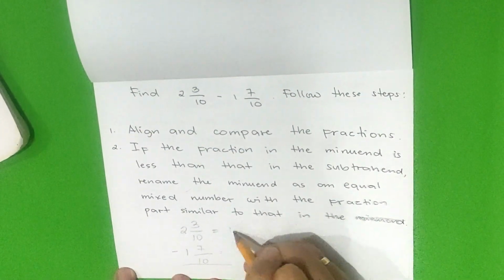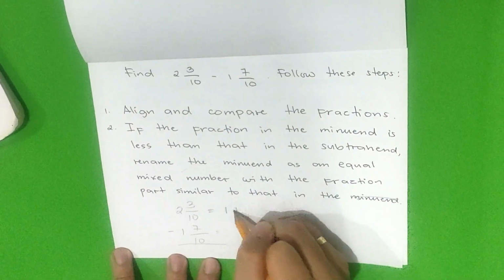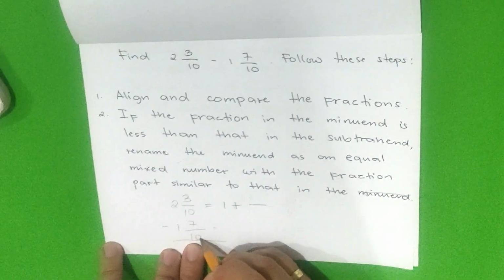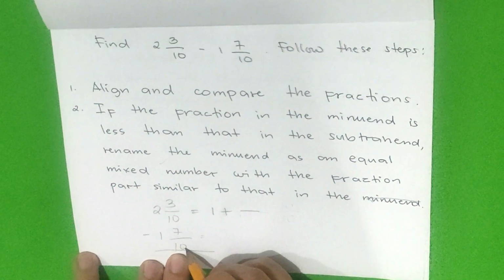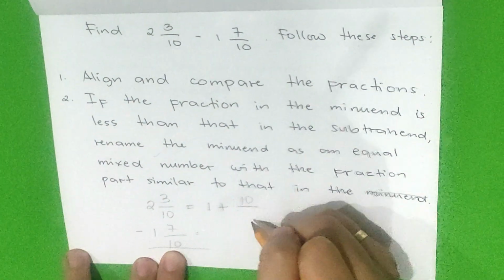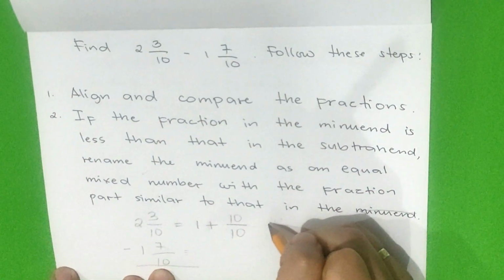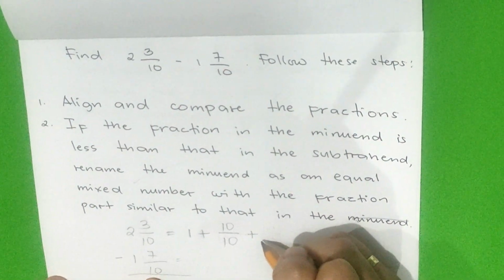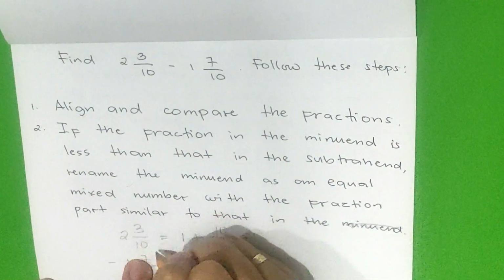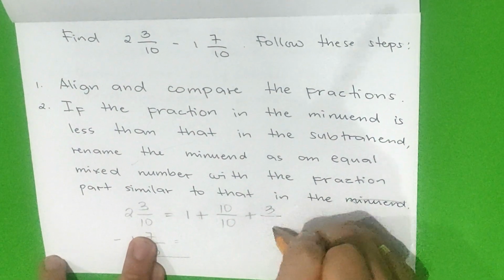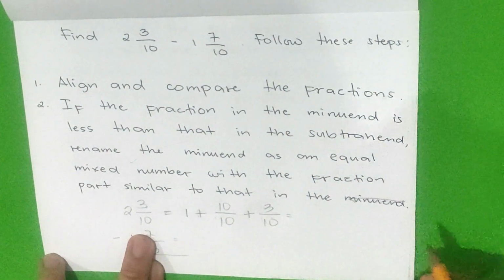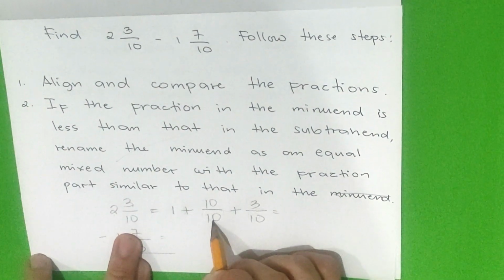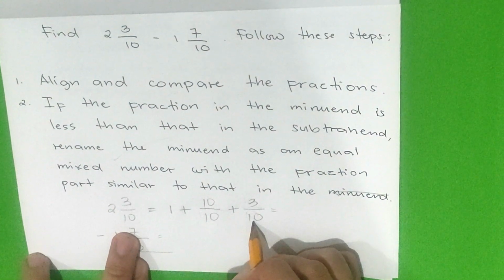So, 2 becomes 1. Then, let us copy the denominator of the subtrahend, which is 10, as the numerator and the denominator. And let's again write an addition sign and write the original proper fraction 3/10. And let's add them all together: 1 plus 10/10 plus 3/10.